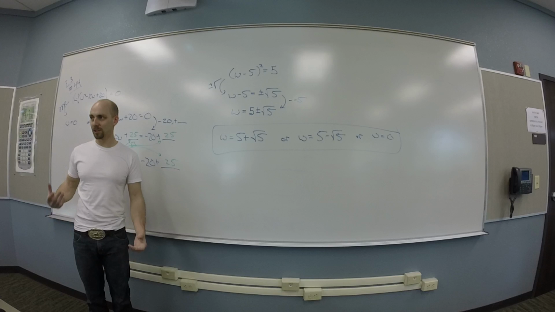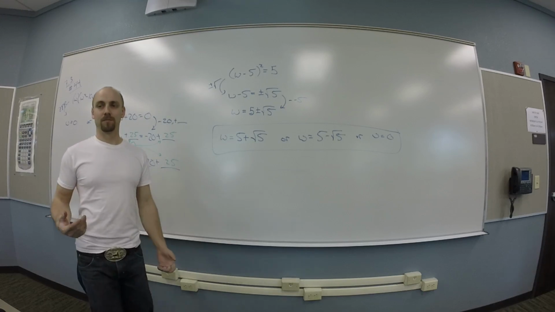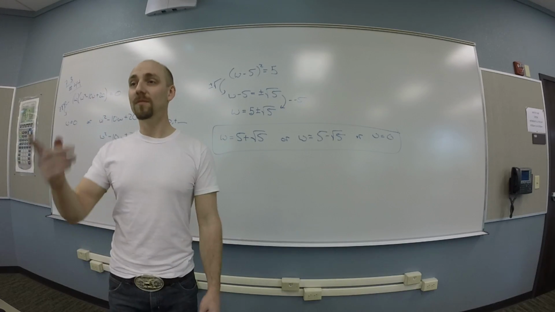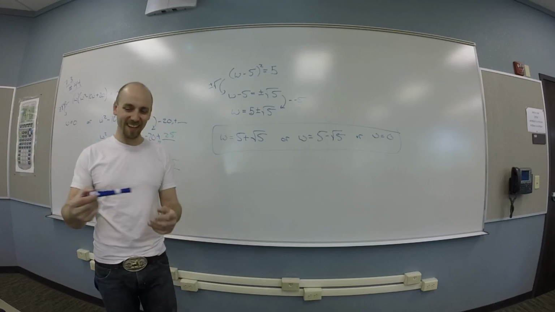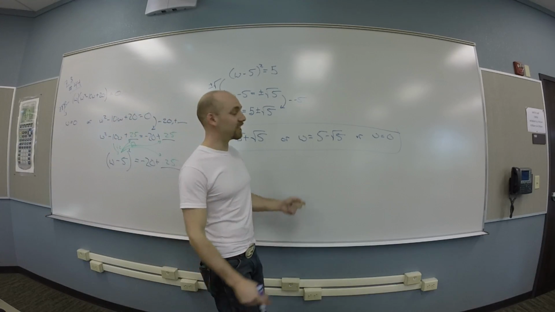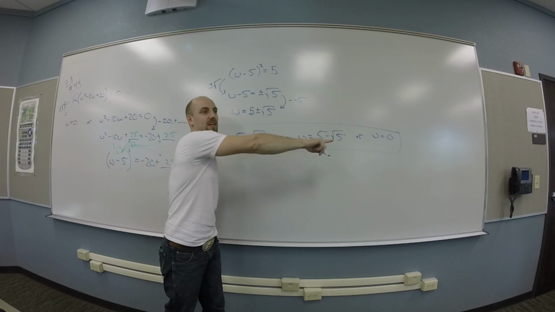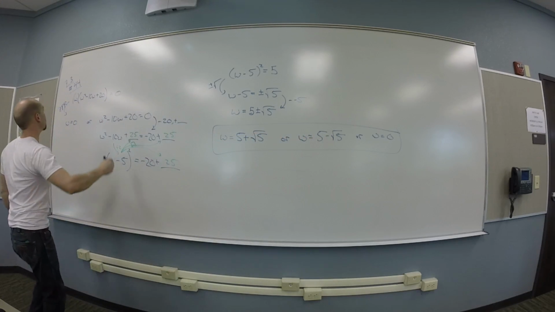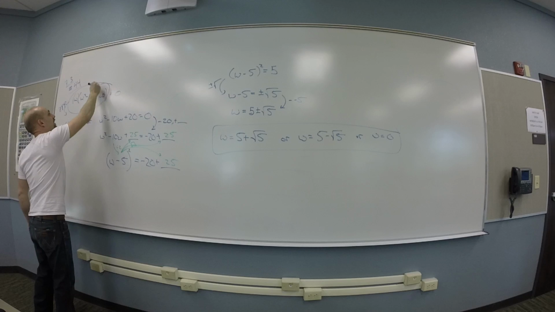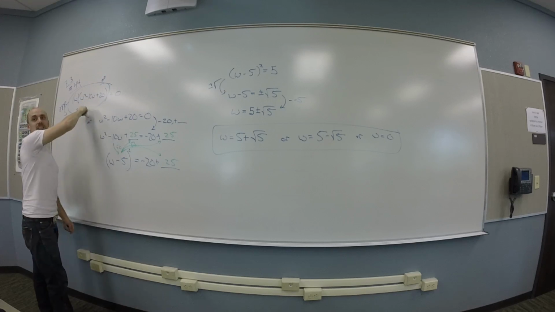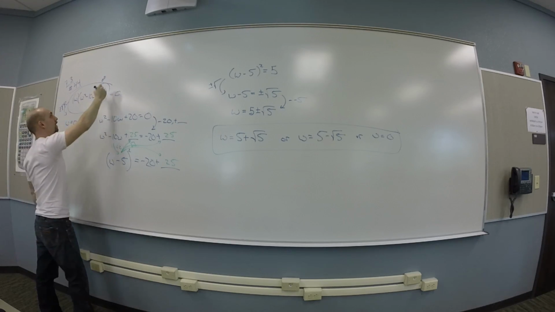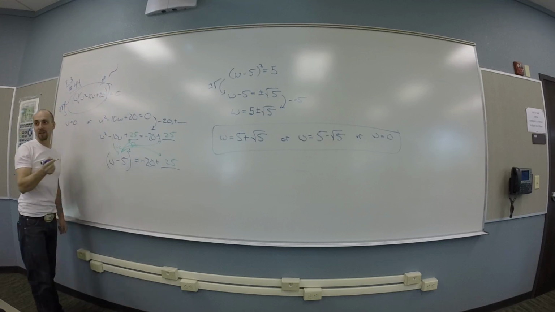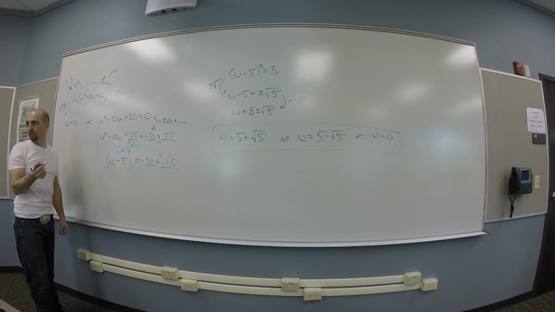Cool. Questions on this? What would that look like on a graph? Oh, good question. So let's see. What do I know about these things? This is a cubic, so I might think to myself, cubics look like this. They're like a little whoopty thing.